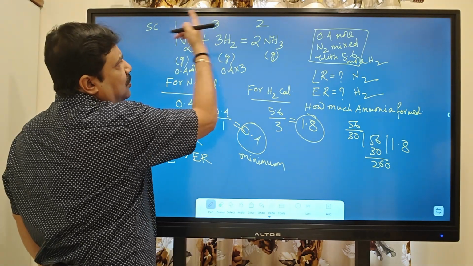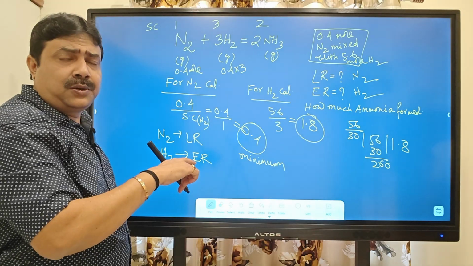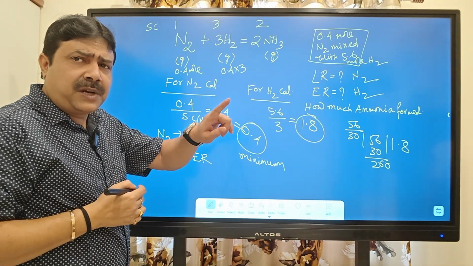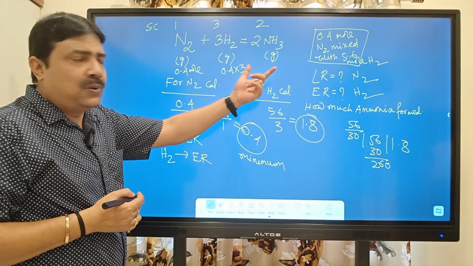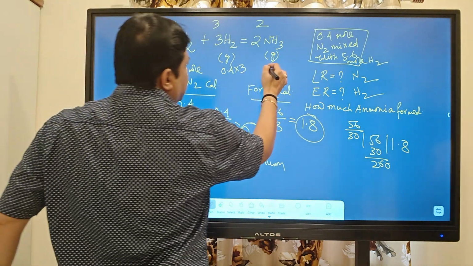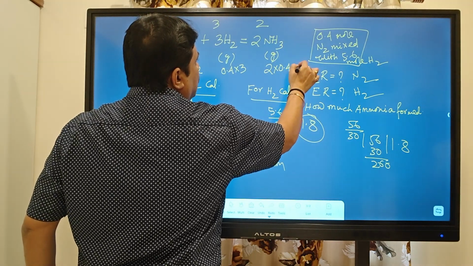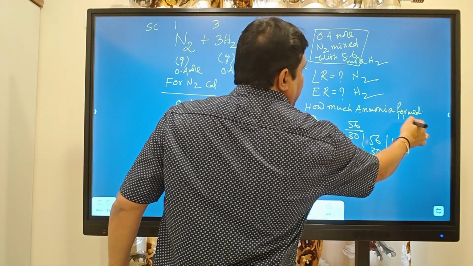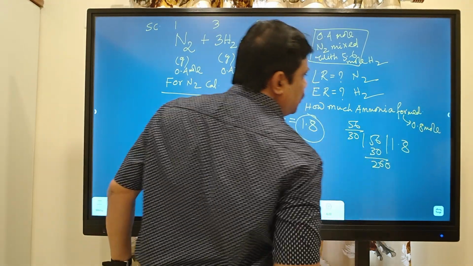And 1 mole of nitrogen produces 2 moles of ammonia, so double the amount of ammonia will be formed, as per the limiting reagent. The moles of nitrogen reacted is 0.4, then ammonia formed is double, 2 into 0.4 mole. So the ammonia formed will be 0.8 mole.